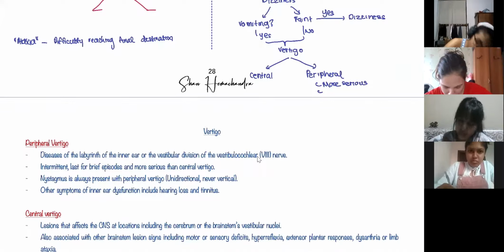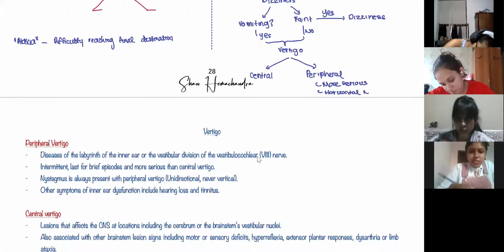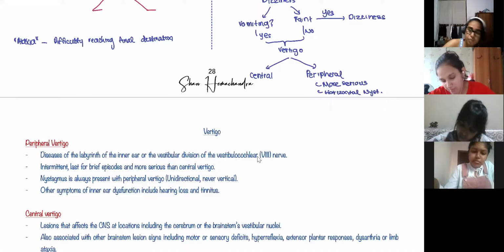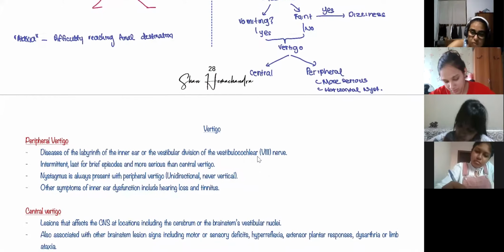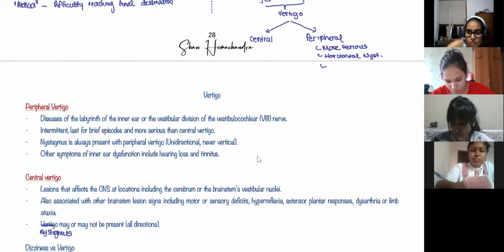there is going to be horizontal nystagmus, never vertical, never vertical. These attacks of peripheral vertigo come and go.